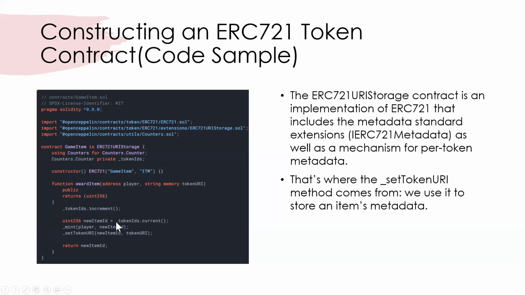So this is going to assign it to the new item ID and mint the new item by passing in the player address and the item ID, and then set the token URI to the new ID, and then return the new item ID from this function. So yeah, this explains it.